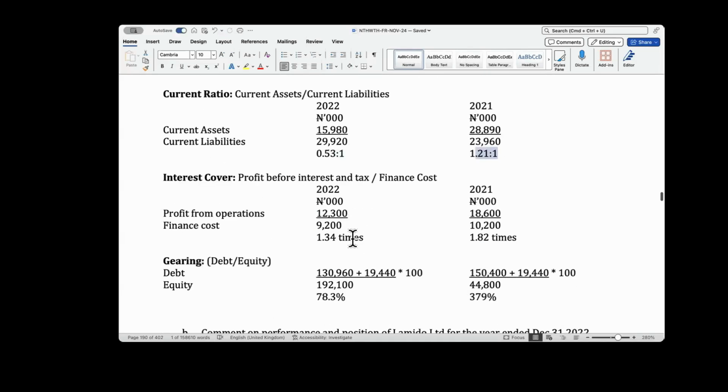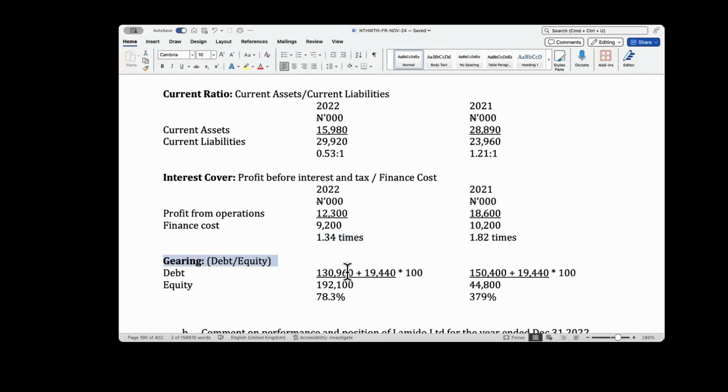Then the next one, they want us to do interest cover, which is my PBIT over finance cost. I already have my PBIT, and my finance cost was given to me from the question. 2022, 1.3 times, 2021, 1.82 times. And my gearing, which is debt to equity.